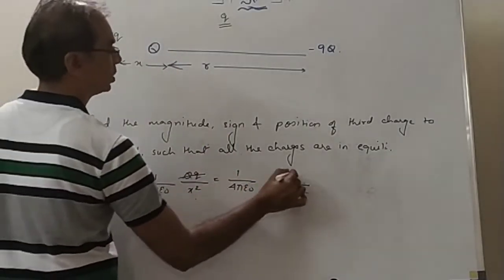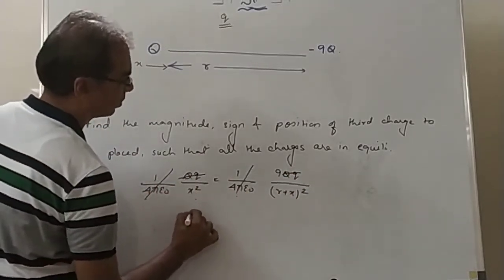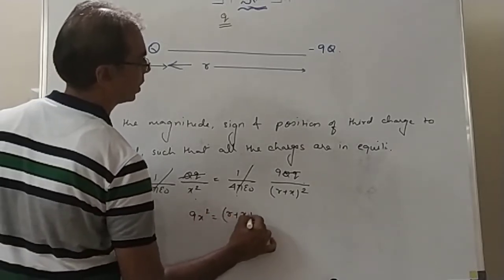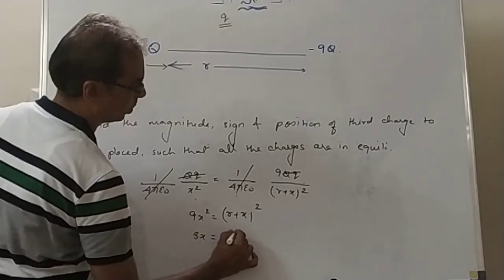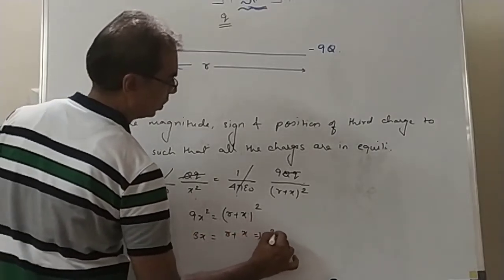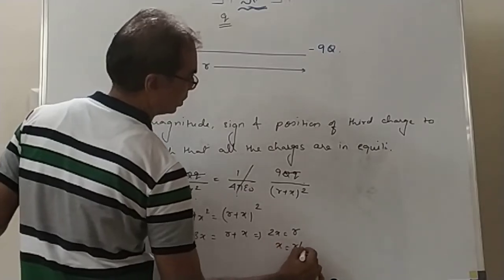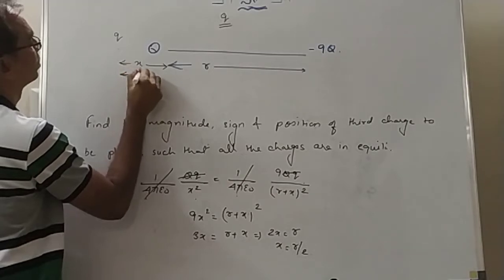This qq is cancelled, 1 by 4 pi epsilon naught cancels. What we are getting is 9x square equal to r plus x whole square. Square root of this gives us 3x equal to r plus x. That means 2x equal to r. So x equal to r by 2. So this is r by 2. Okay, we got this value.